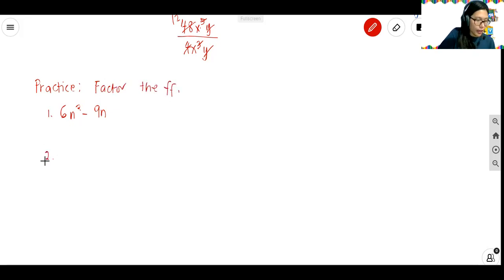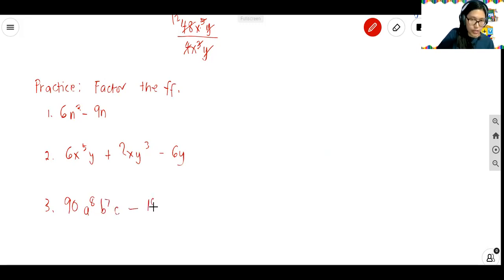And then let's have 6x to the fifth y plus 2xy cubed minus 6y. And the last one, a more complex one, 98a to the 8th b to the 7th c minus 18a to the 9th b to the fifth plus 9a to the 7th b to the fifth c minus 27a to the 6th b to the.